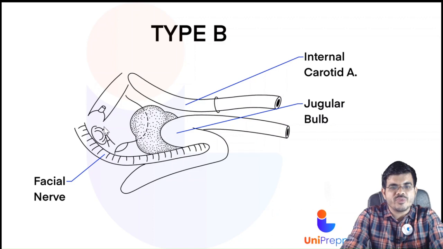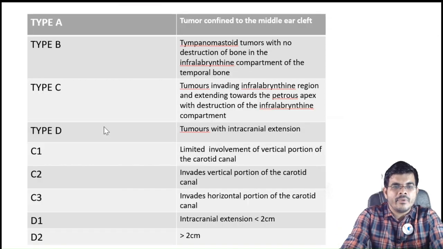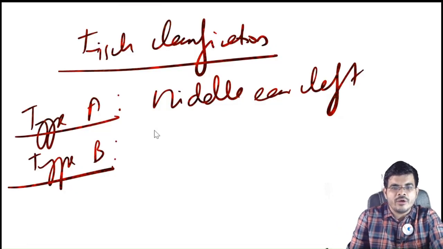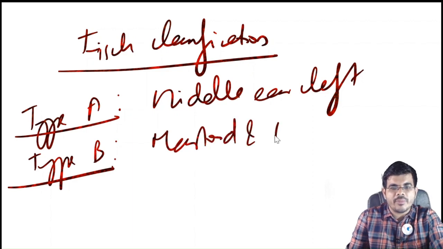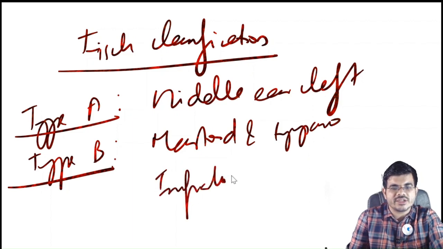The facial nerve is very nearby. And type C, it goes into the infralabyrinthine area. Type B, only the mastoid and tympanum, that is the tympanomastoid area, and there is no infralabyrinthine extension.